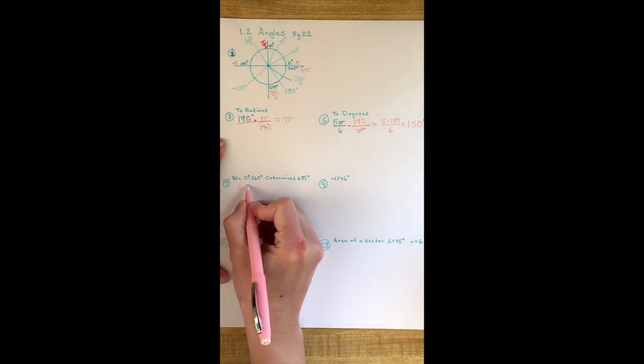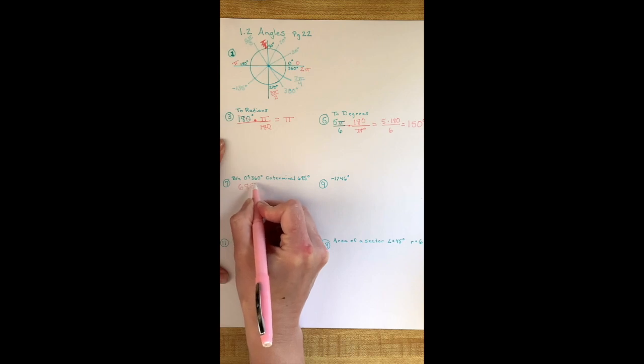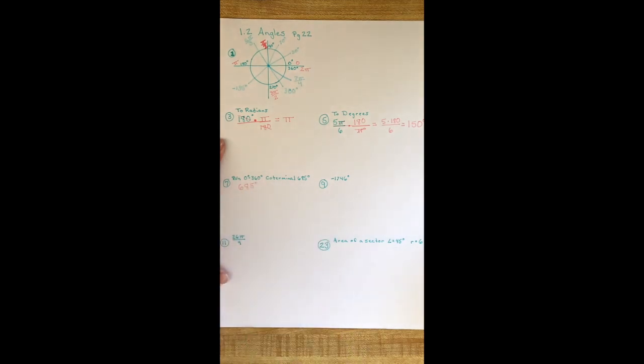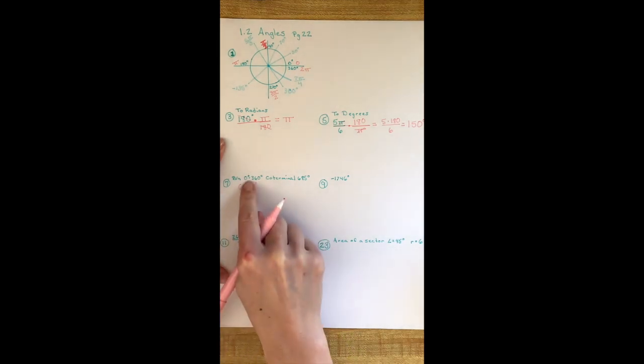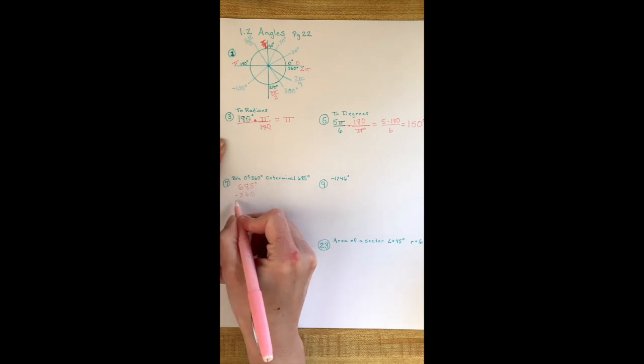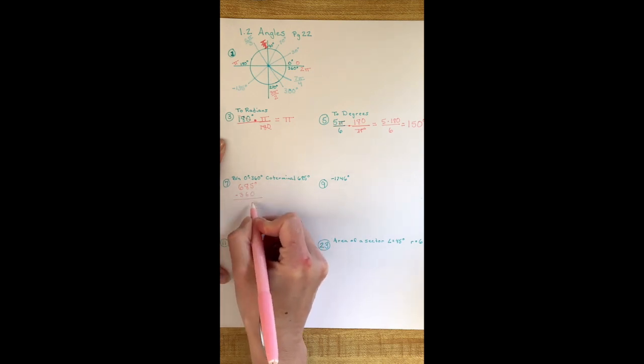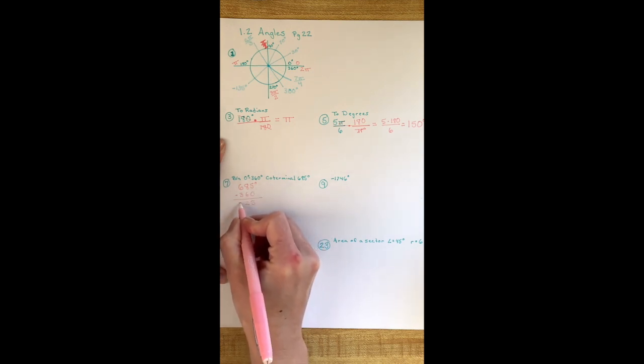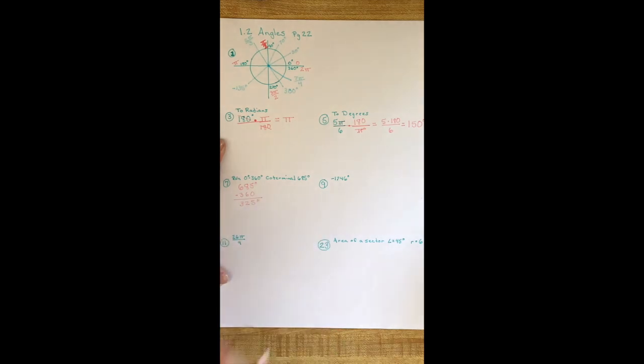So basically what we need to do is subtract full rotations until we get to something that falls in between here. So if we subtract 360 here, we end up with 325.